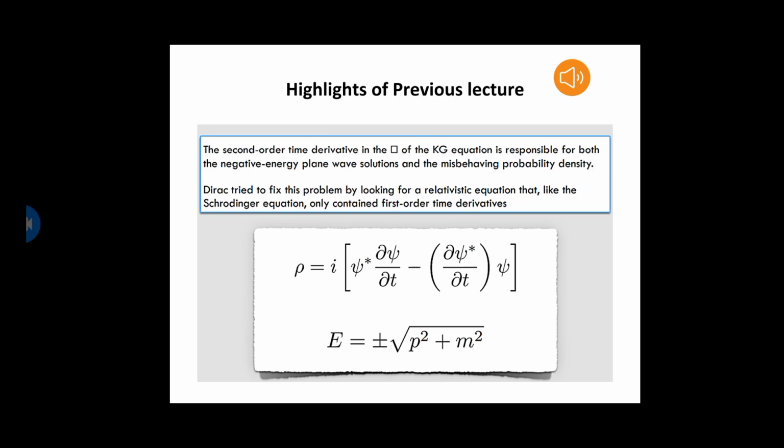Here rho is equal to i times psi conjugate partial psi over partial t minus partial psi conjugate over partial t times psi, and E is equal to plus or minus the square root of p squared plus m squared. We discussed these two equations in our previous lecture, about the Klein-Gordon equation.